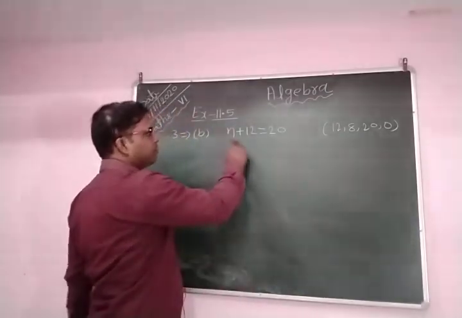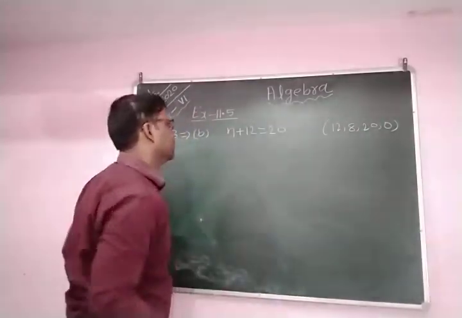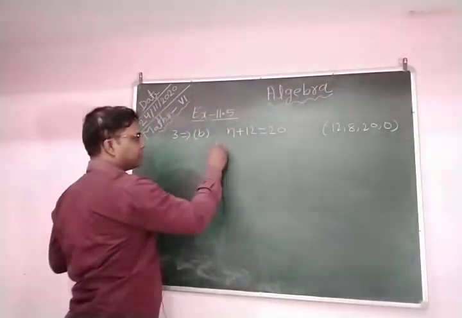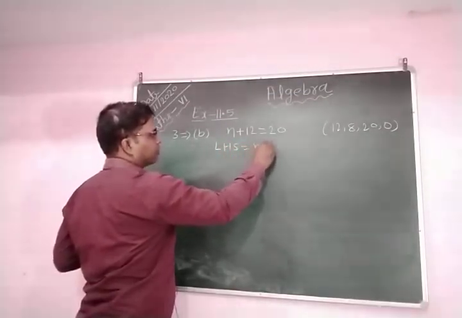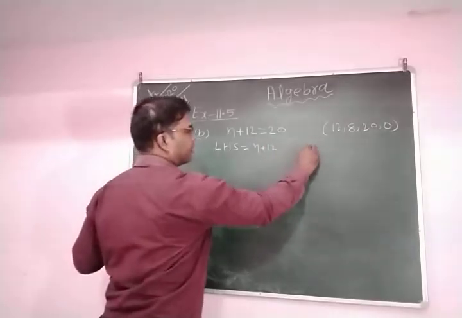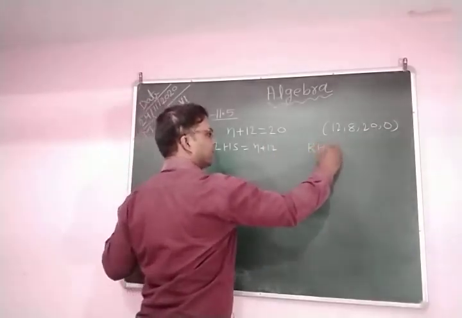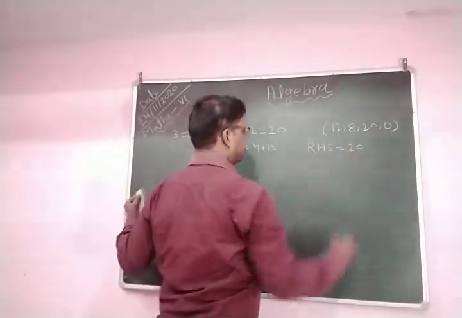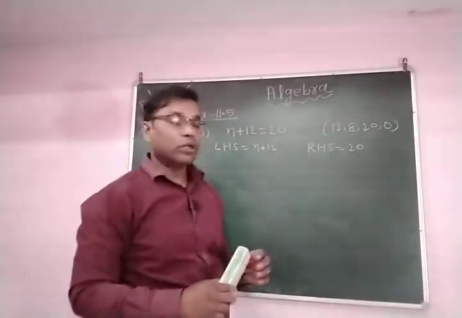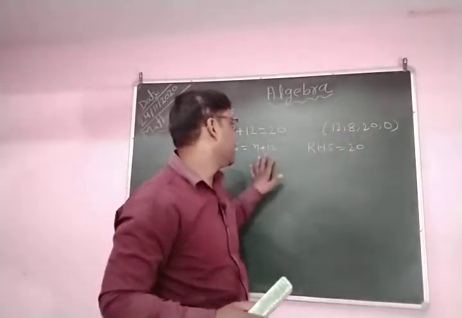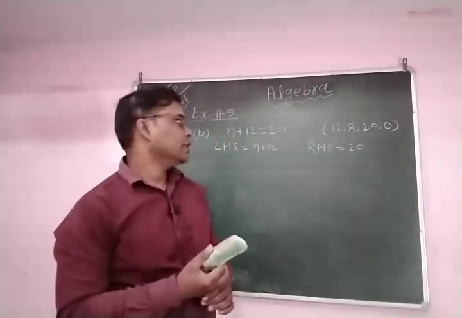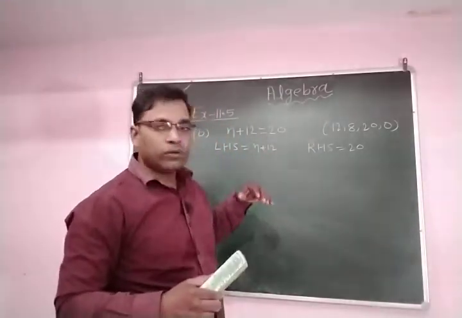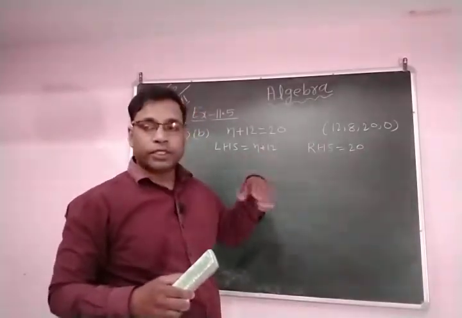Now remember, this is the left hand side, this is the right hand side. So you can write the left hand side is equal to n plus 12, and the right hand side is equal to 20. At the value in the given brackets where the left hand side and the right hand side are both equal, we can say that value of n is the solution of the given equation.